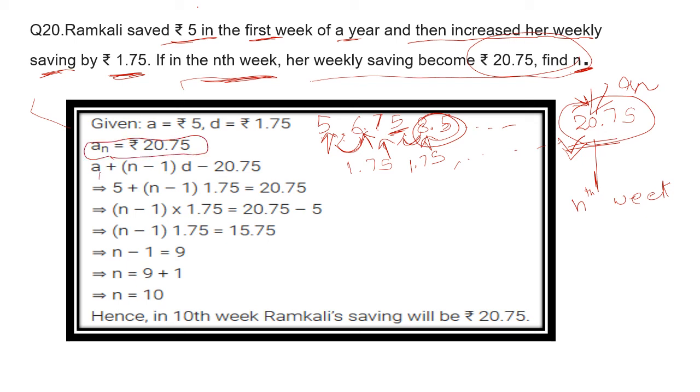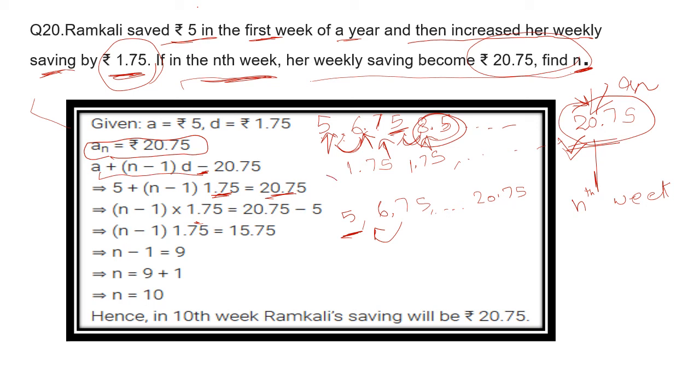The general form is a plus (n minus 1) d is equal to 20.75. If I form the AP like this, 5, 6.75 and so on till 20.75, what is the a here? a is 5, and what will be the d? As the rate of increase is the same, it will be 1.75 only. So 5 plus (n minus 1) times 1.75 is equal to 20.75.